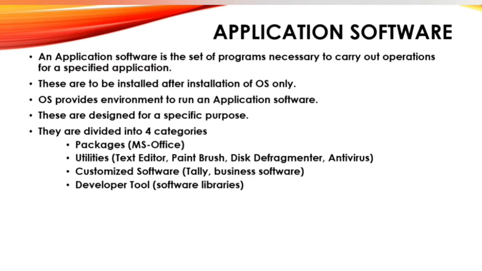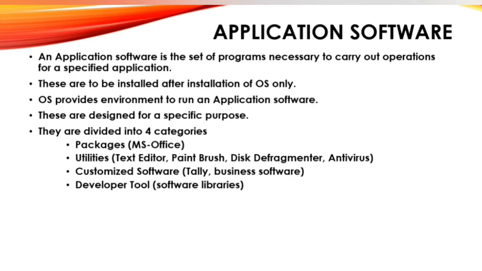An application software is a set of programs necessary to carry out operations for a specified application. They are divided into categories like packages, utilities, customized software, developer tools. All these are part of application software: antivirus, text editor, disk defragmenter, MS Office, business software.